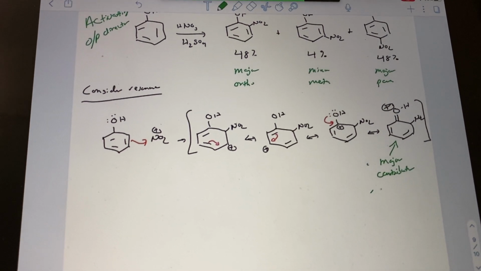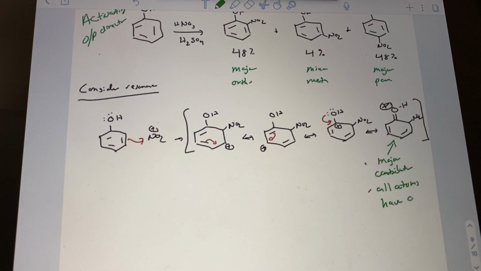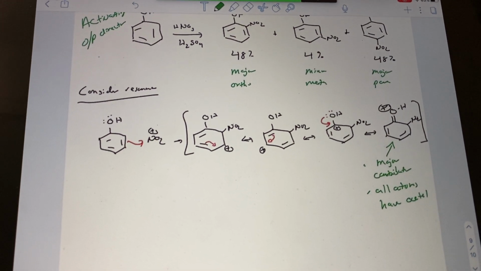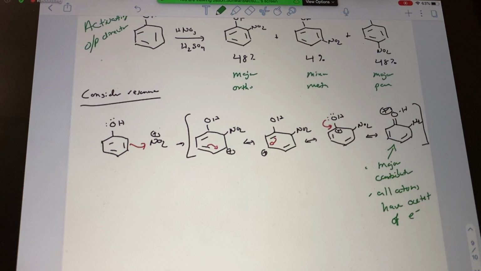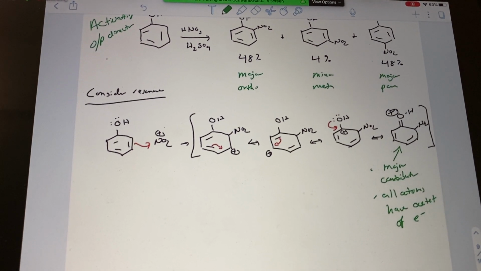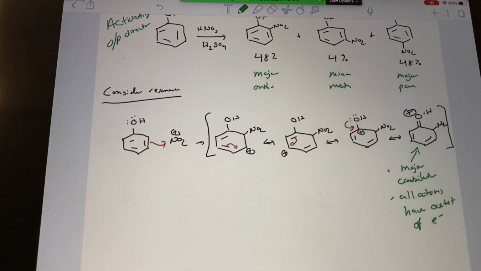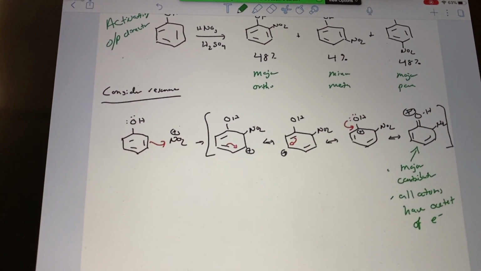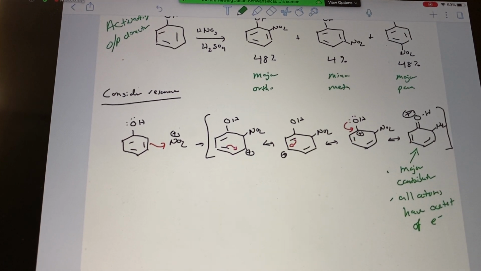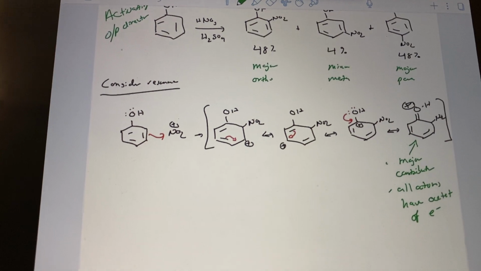And the reason for that is all atoms have an octet of electrons. So remember back in the good old days of organic one, when looking at different resonance structures, you look at primary, secondary, and tertiary. However, if there's also a scenario where all of the atoms can have a full octet of electrons, that will oftentimes be the major contributor.